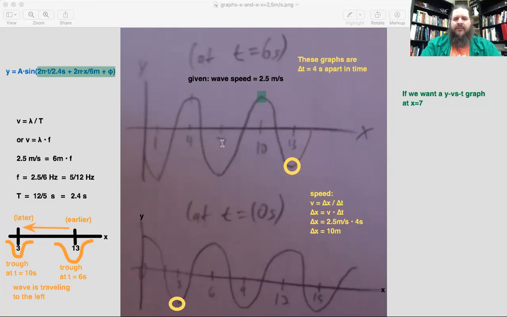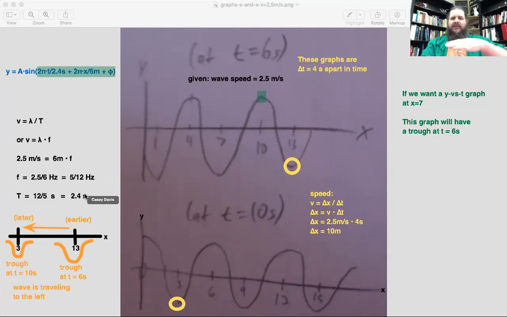Yeah, we know that x equals 7 is at a trough, specifically at what time? At 6 seconds. Right. So that means our new y versus t graph will have a trough at time equals 6 seconds. So you could draw out your y versus t graph, and at 6 seconds you've got a trough. We also know the period is 2.4 seconds.